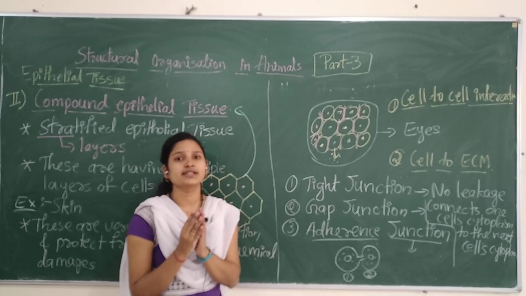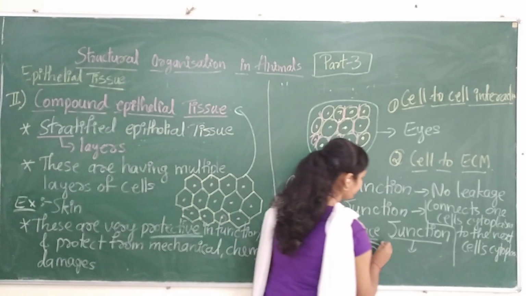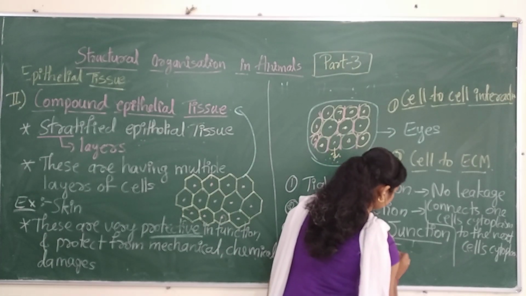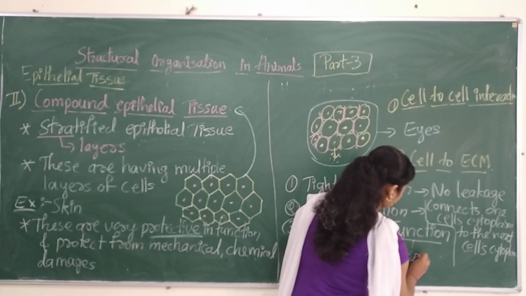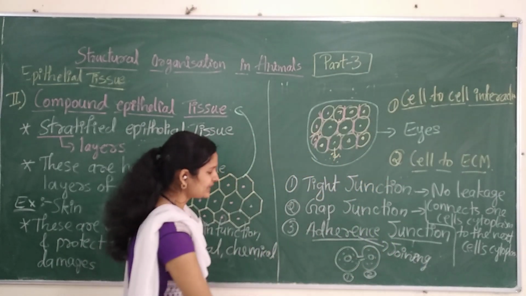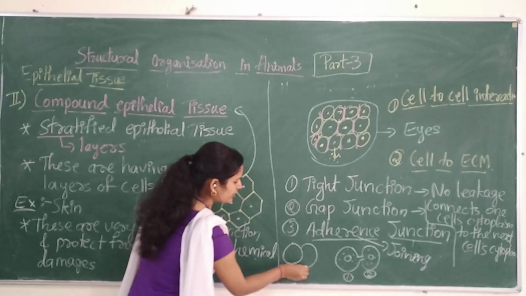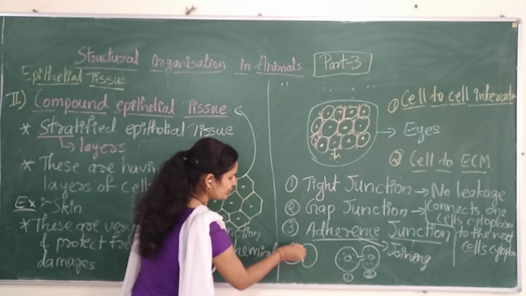See, adhere means joining. So these adherens junctions are mainly helpful for the joining or interaction between two cells.